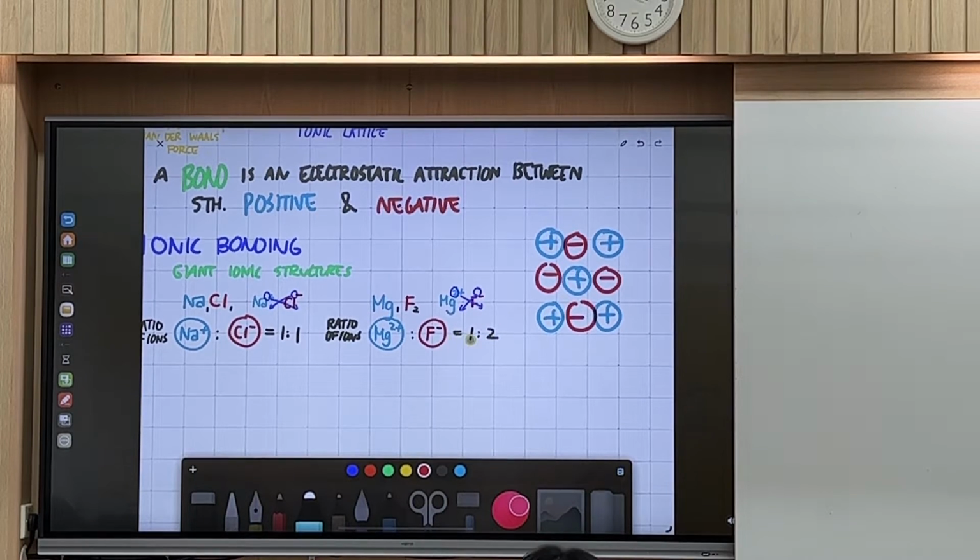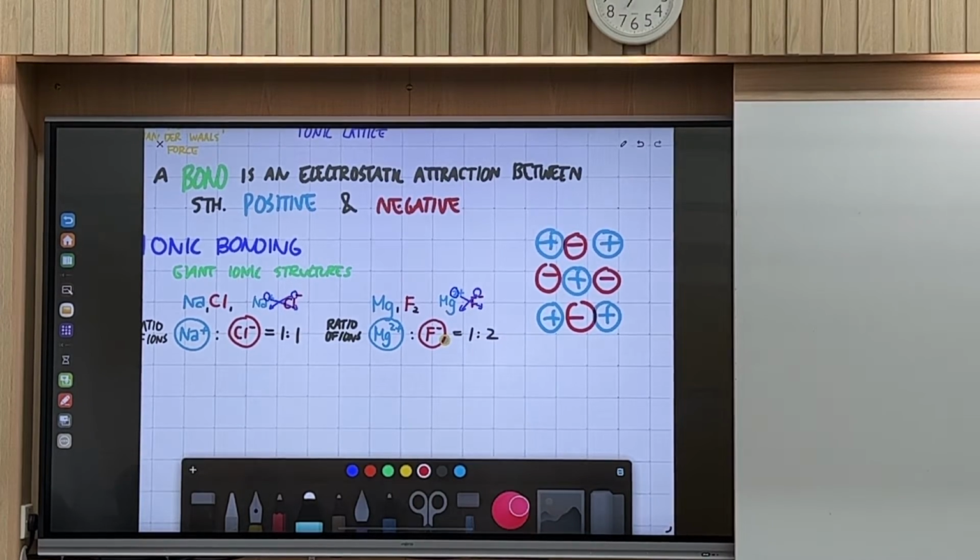When you see these two ions in a 1-to-2 ratio, what does it suggest? Which ion has a greater number? 1 to 2 means for every one Mg2+, you will have 2 F-.